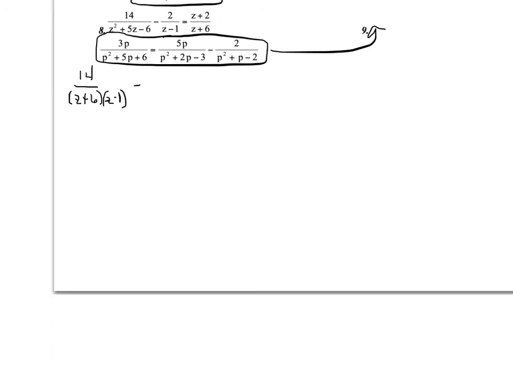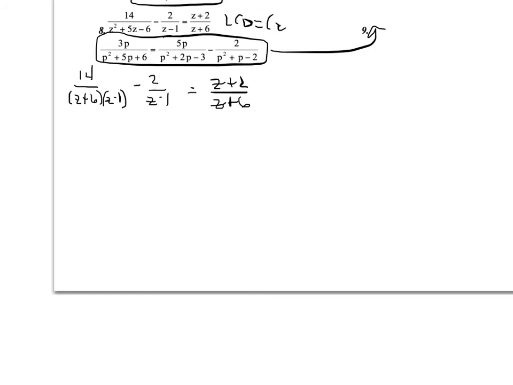My second fraction, the denominator doesn't factor. I can't do anything with it other than just recopy it. Same thing for the fraction on the right. It is z plus 2 over z plus 6. Now when I look for the LCD, notice that I only have 2 different factors in all these denominators. I have a z minus 1, a z plus 6.